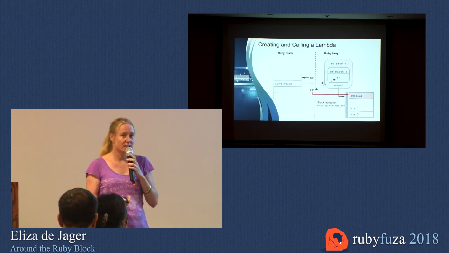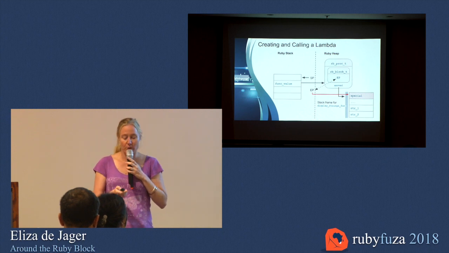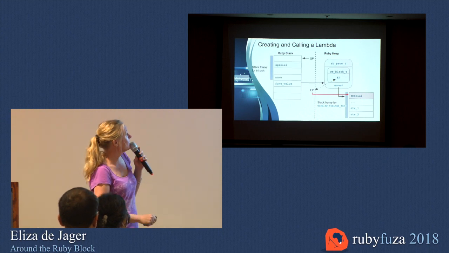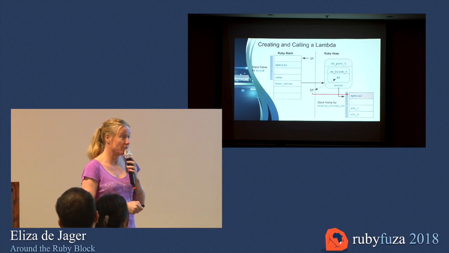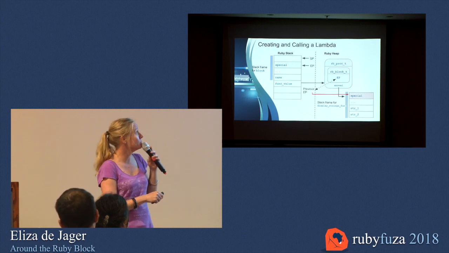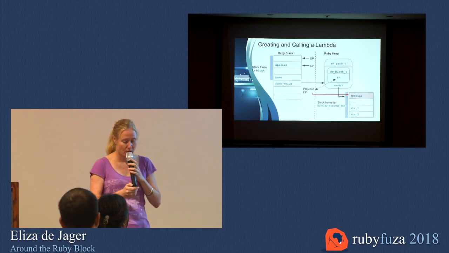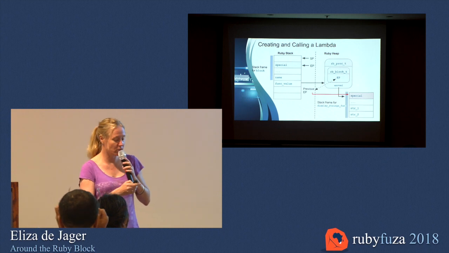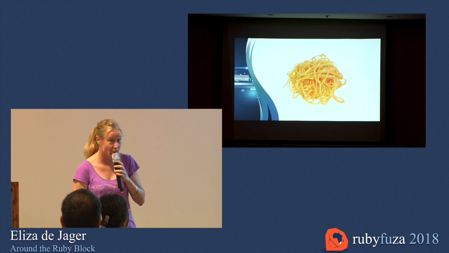Now all that happens when you execute the lambda is, well, you're executing block code, and we know from our previous slides that that just means a new stack frame is created for the block code, and as before, the environment pointer gets moved to point to the special slot of the block. Now, the longer you look at this diagram, the more I at least start feeling like I've seen it before.